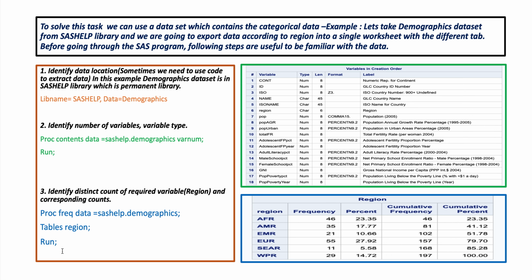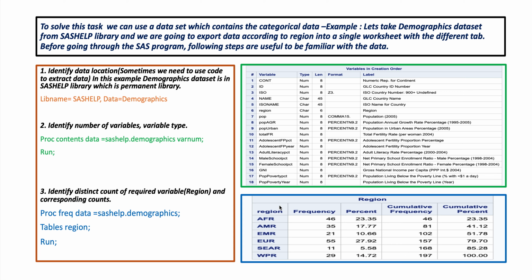When we run the second set of code, we will get the result as shown on the right side, second table. It contains region, frequency, percentage, cumulative frequency, cumulative percentage. The frequency column represents the count corresponding to each region. That means AFR has 46, AMR 35, EMR 21, EUR 55, SEAR 11, WPR 29.